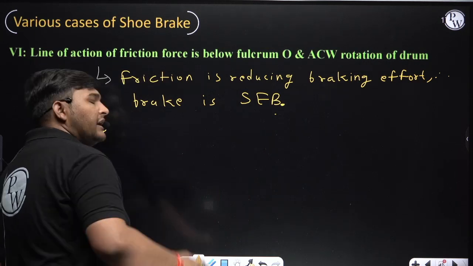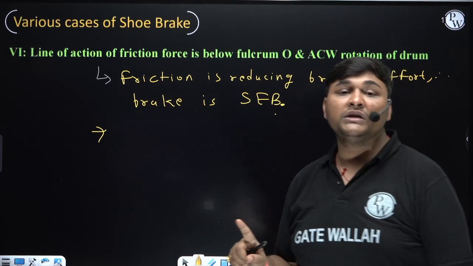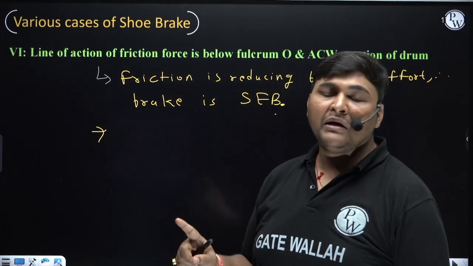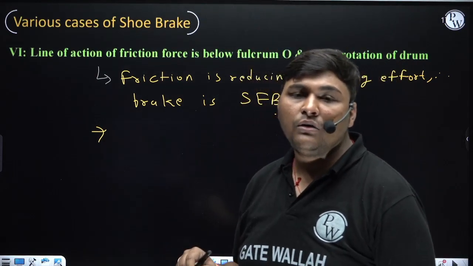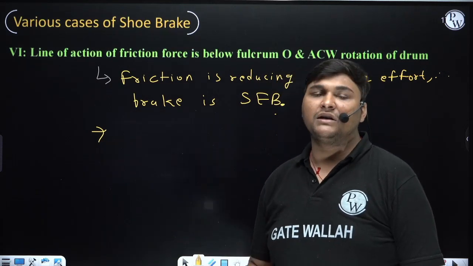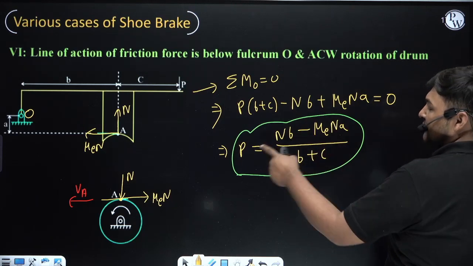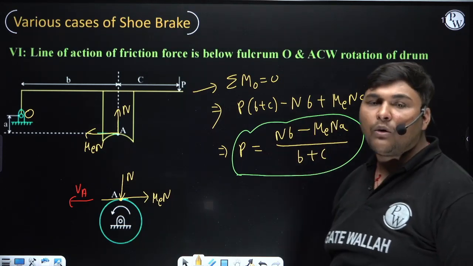Now if the brake is self-energizing, in that case that brake can also go in self-locking condition, if P is becoming 0 or negative. And the brake cannot be in self-locking condition if P is greater than 0. Here you can see also, if this is more than this, P will be greater than 0, and this brake will not be in self-locking condition.